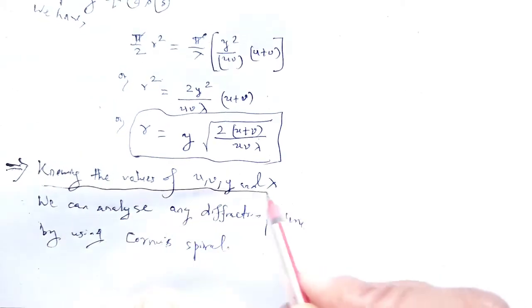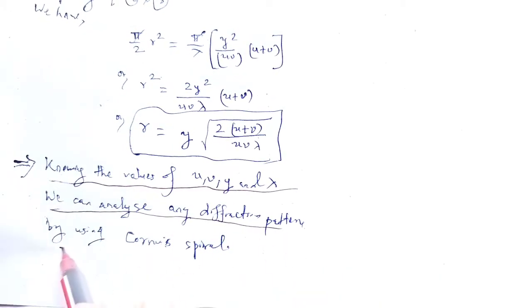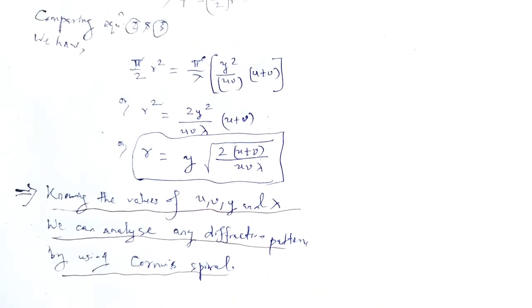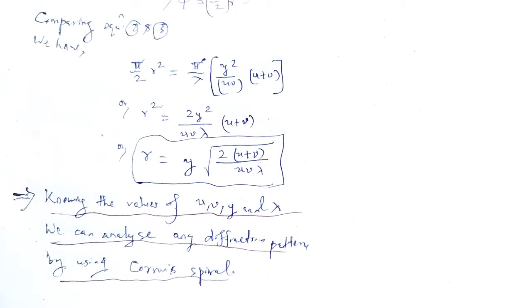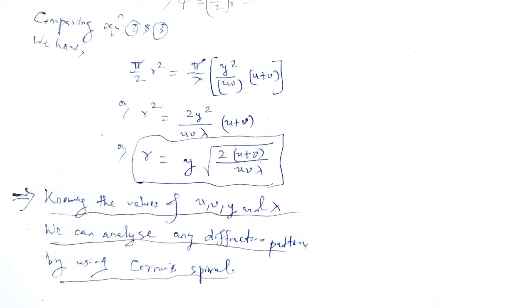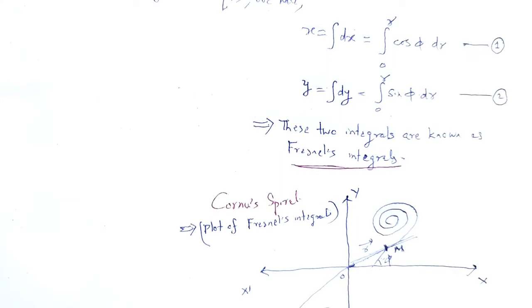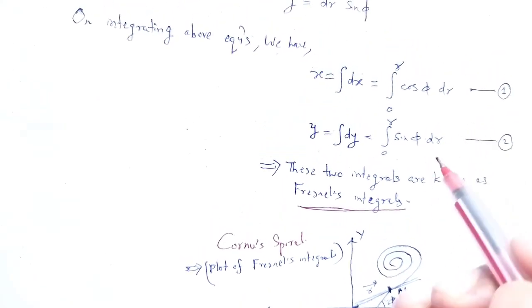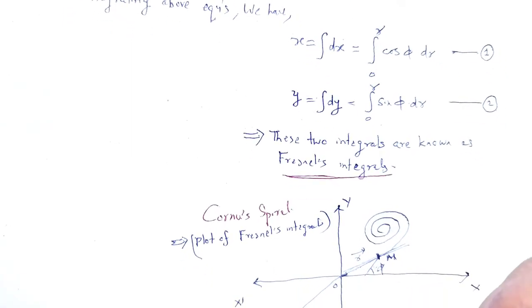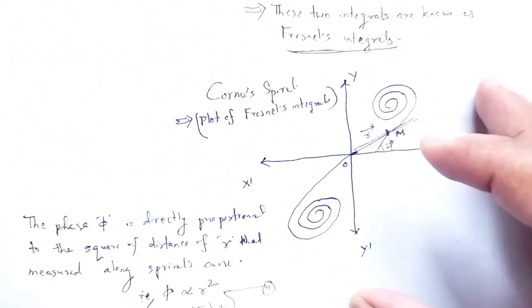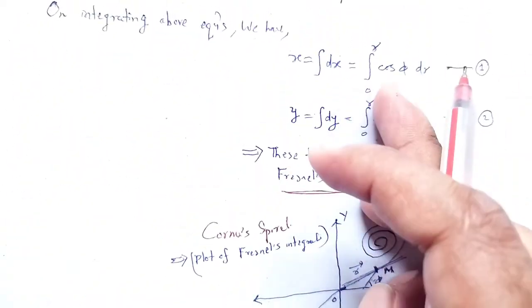Knowing these values, we analyze different types of diffraction patterns. So here we obtain two integrals having the result from the Cornu's spiral. So the value of pi can also be substituted here.